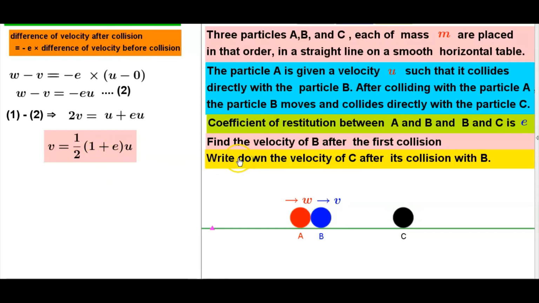Last part: write down the velocity of C after its collision with B. Now B collides with C, which moves with velocity V. The velocity of C is 0 before the collision.